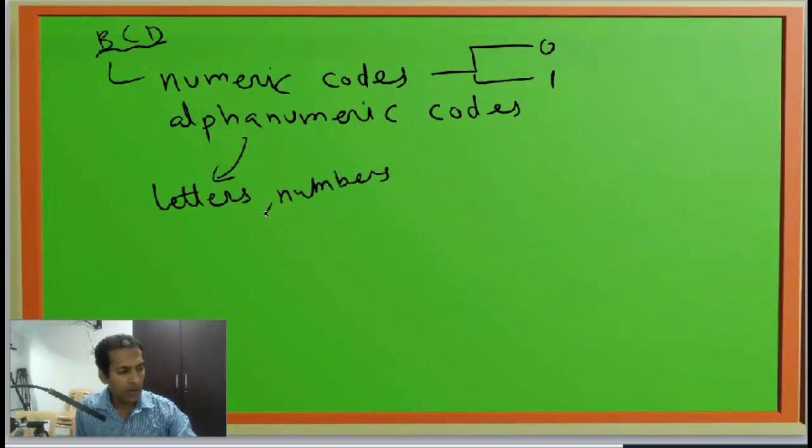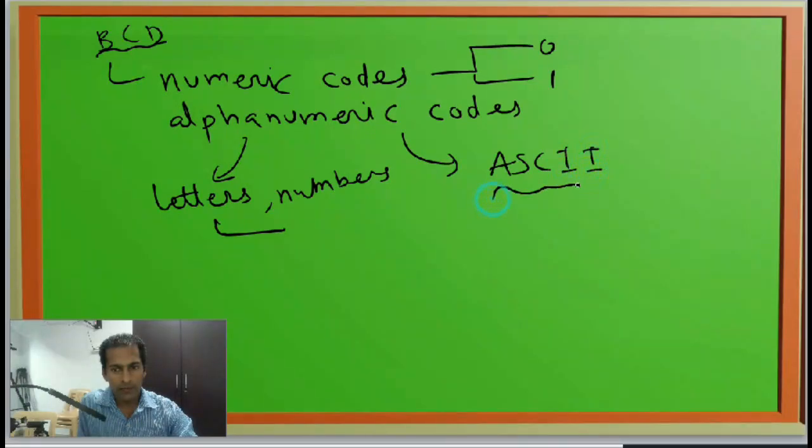An example is the ASCII code, which includes numbers, characters and special characters.